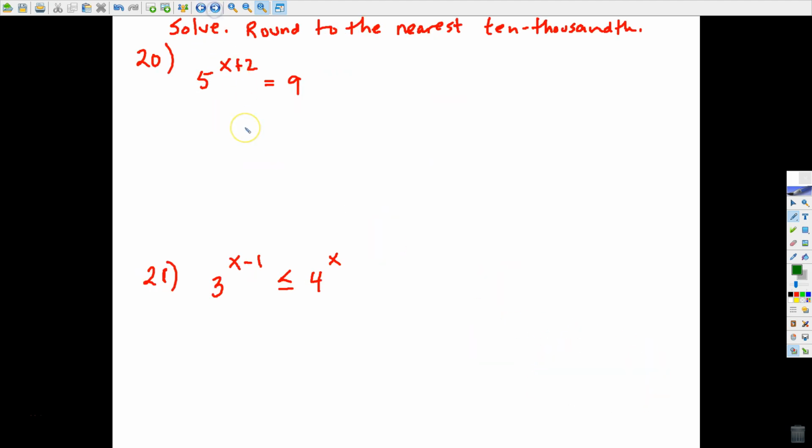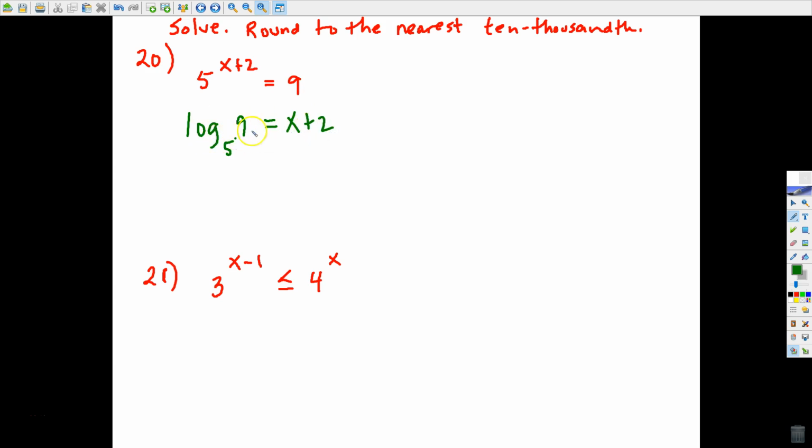All right, moving right along. Now we have some exponential equations, and the rule of thumb is exponential equations need to be changed into log equations. All right, so here is number 20 written as a log equation. Log base 5, it's base 5 because that's the base for the exponent, of 9 equals x plus 2.